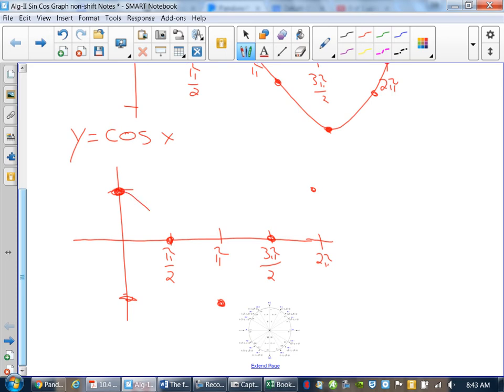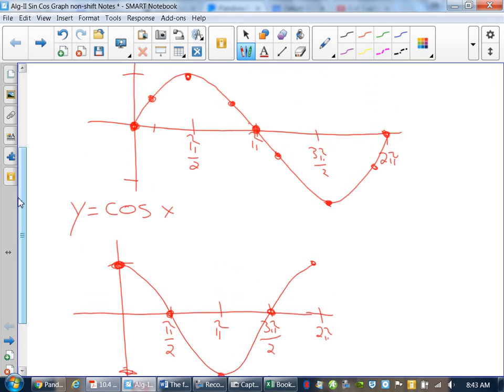So the cosine graph, if you look closely at it, is just a sine graph shifted 90 degrees. It's just moved over 90 degrees. That's where it would have been up there.